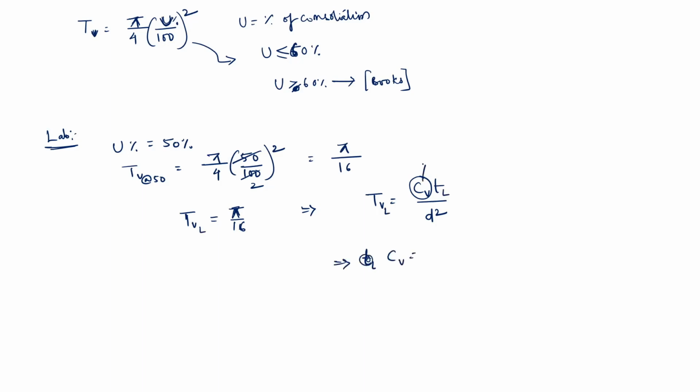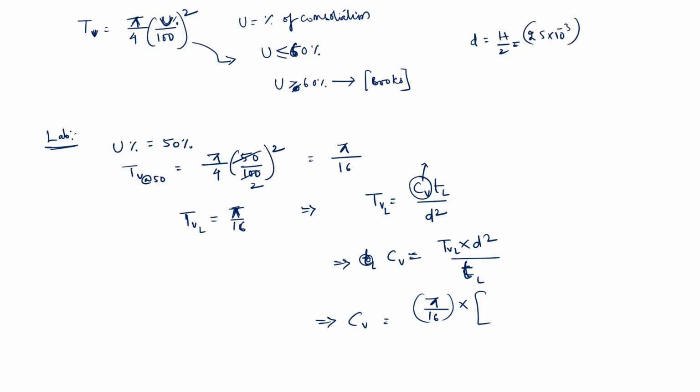CV is constant for a soil, whether it is in the lab or in the field. So CV of the soil is TV lab into D square divided by small t lab, that is pi by 16 into D square. D is how much? D is H by 2, where H is 25 mm, that means 25 into 10 to the power of minus 3 meters divided by 2.